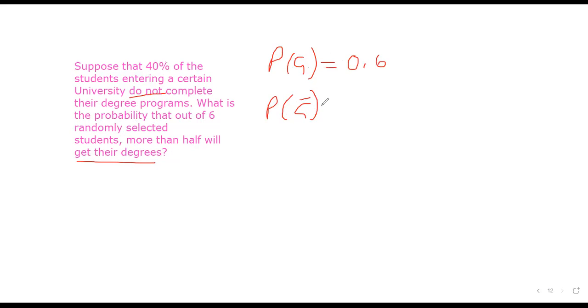That's what has been given. Then we are told that out of 6, our n is 6. What's the probability that more than half? So the probability that x is greater than half of 6. What is half of 6? 3.